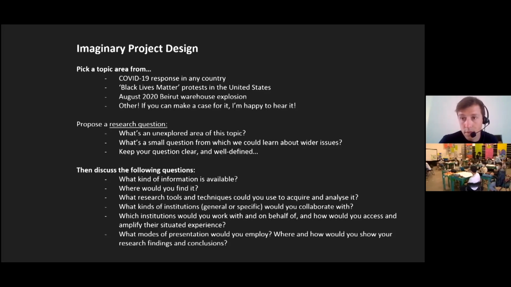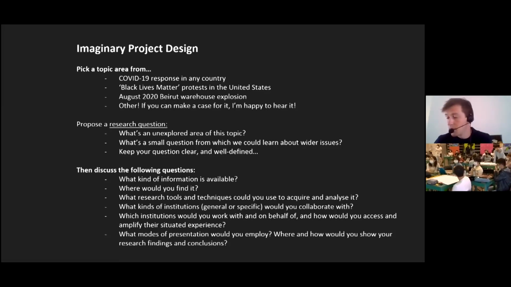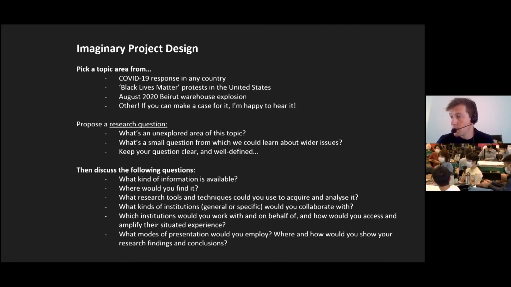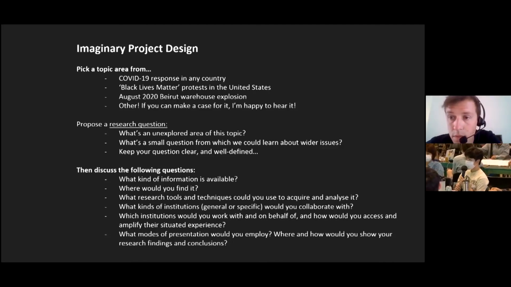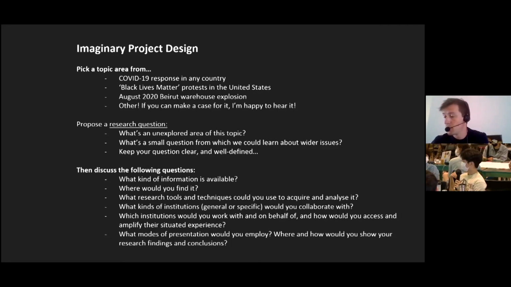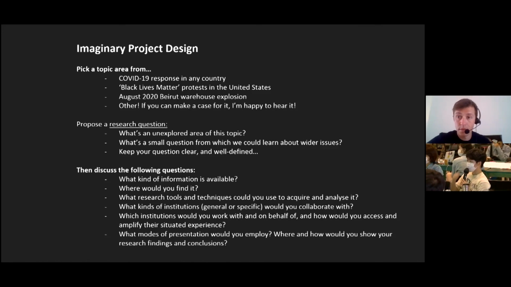Yeah, so our research topic was going to be investigating the actions of the National Guard and federal law enforcement officers in Portland during the Black Lives Matter protests. There were allegations of law enforcement showing up in unmarked vans and not identifying themselves as law enforcement, and then taking people away for interrogation.